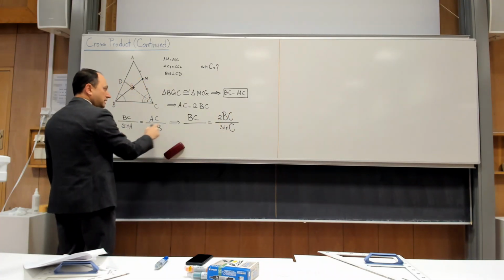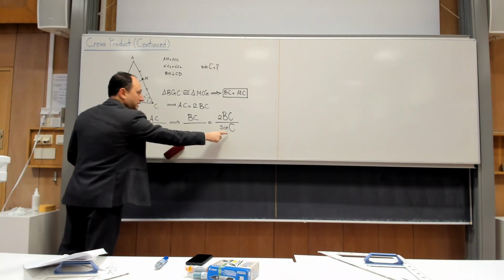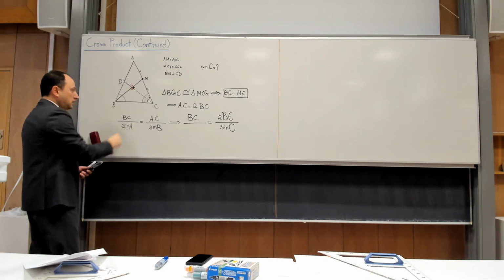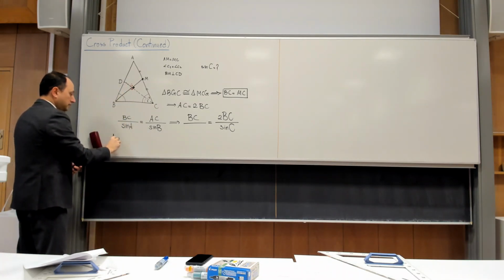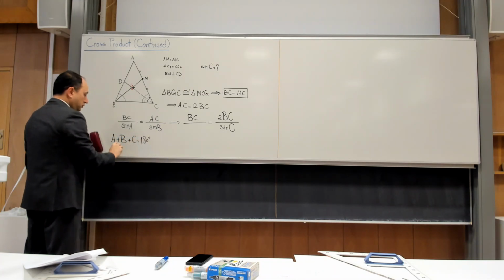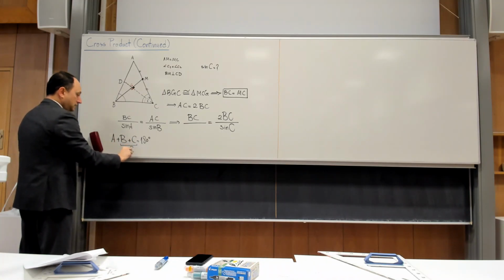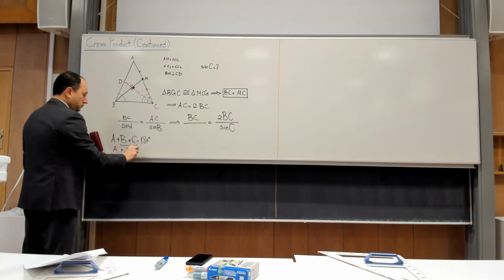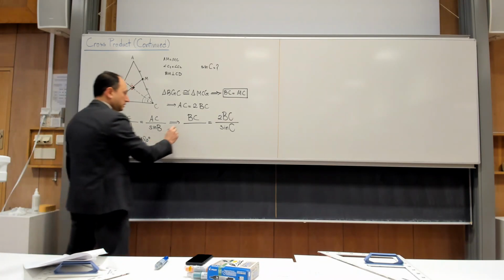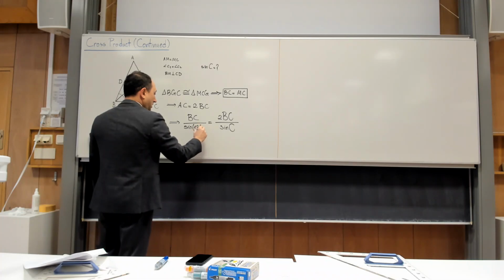But the problem is that still I have two unknowns. One of them is angle A, one of them is angle C. This is no problem because I can just get rid of it. So what should I do? I know that the sum of the angles should be 180, yes? And I know that these two angles are the same, so I can write 2C plus A equals 180. So this means A is 180 minus 2C. So instead of A, I can write sine of 180 minus 2C.